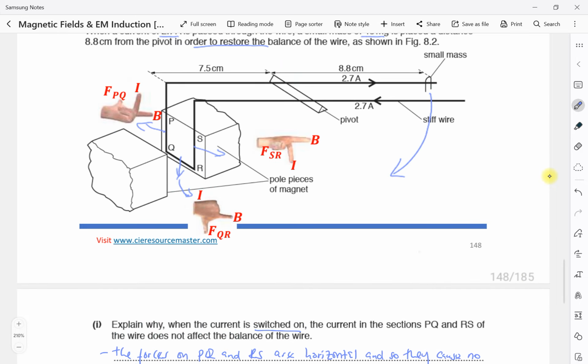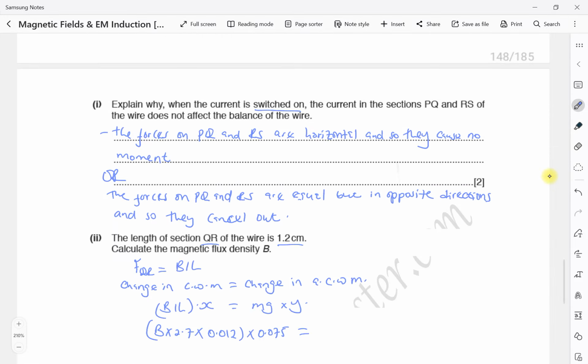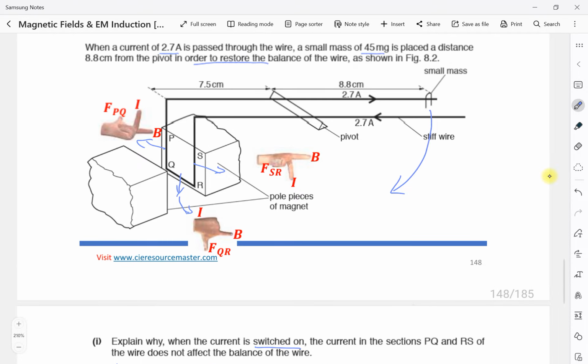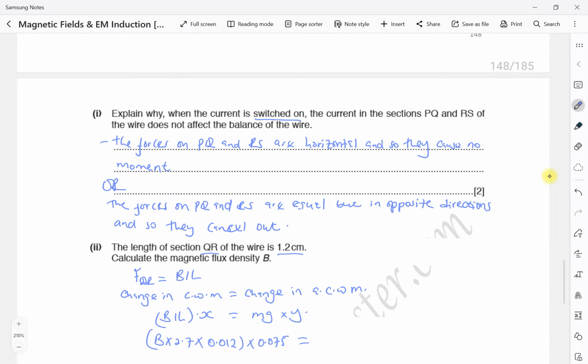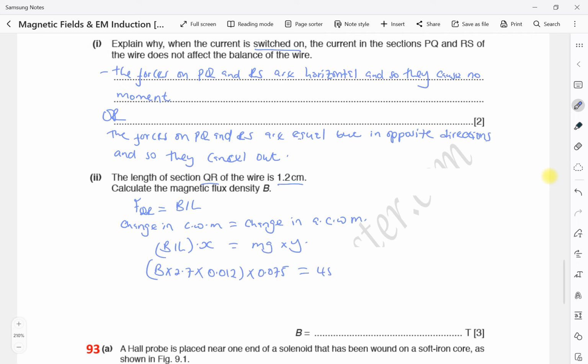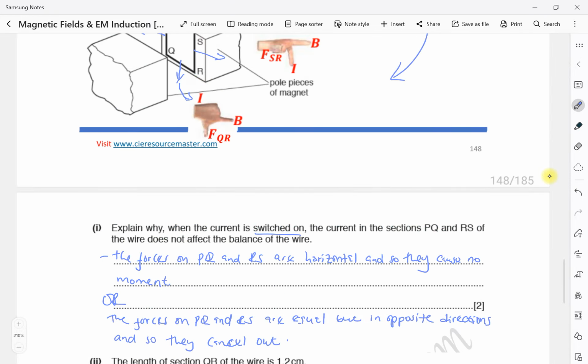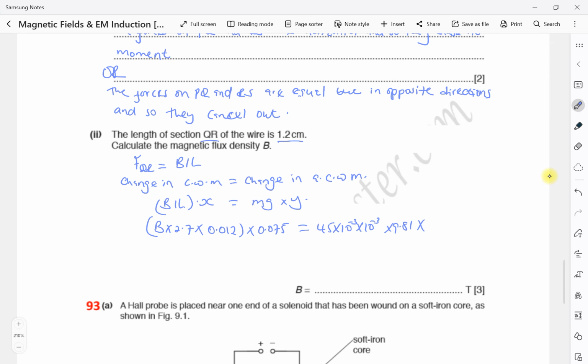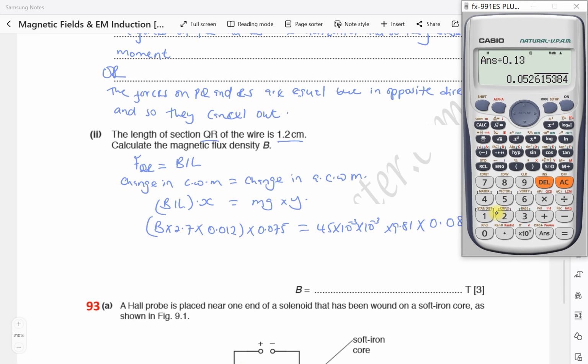We added 45 milligrams, that is 45 times 10 to the power of minus 3 to change it to grams, times 10 to the power of minus 3 to change it to kilograms, then times 9.81 times the perpendicular distance. The perpendicular distance is 8.8 centimeters, which is 0.088.